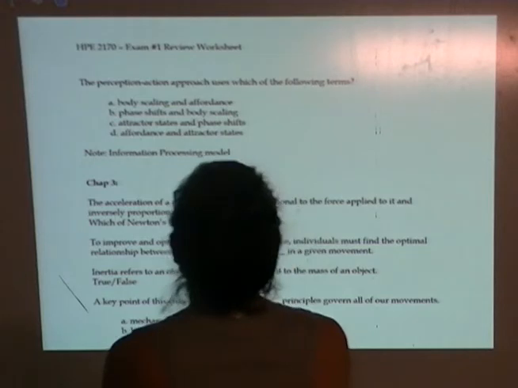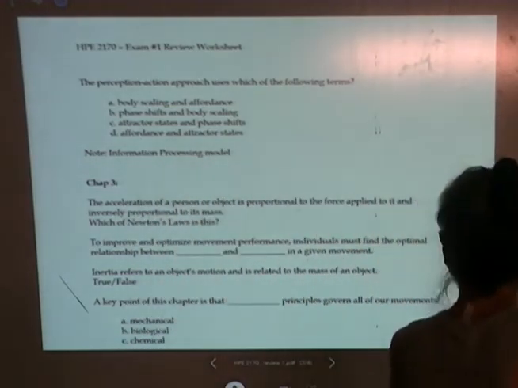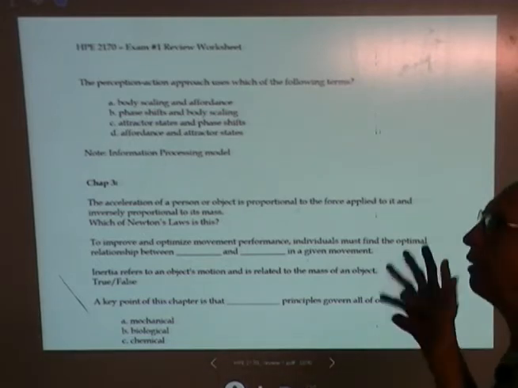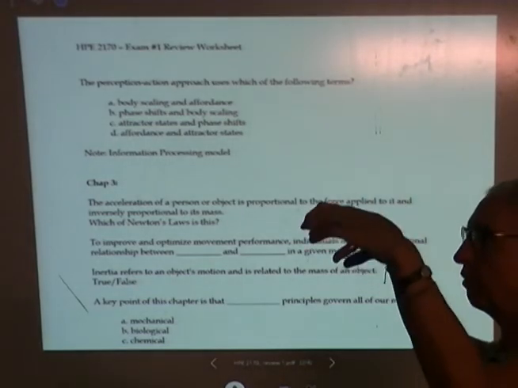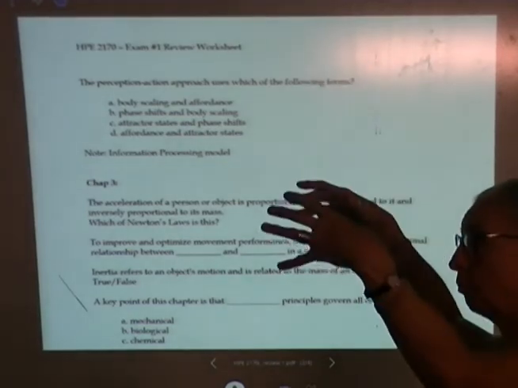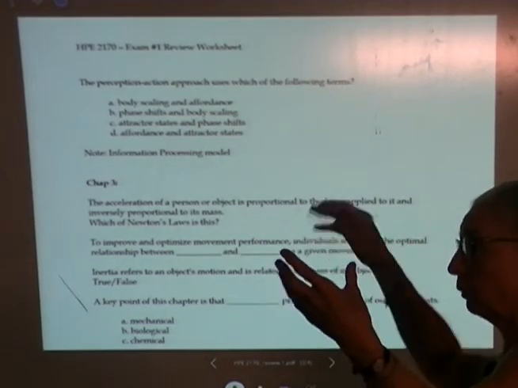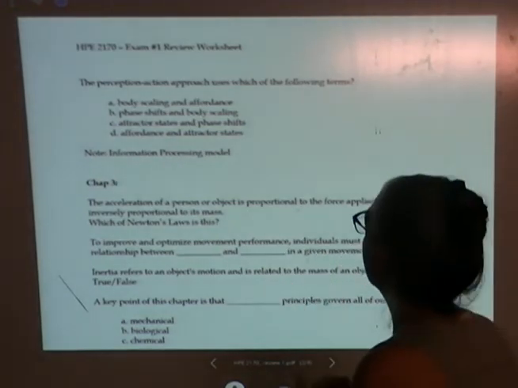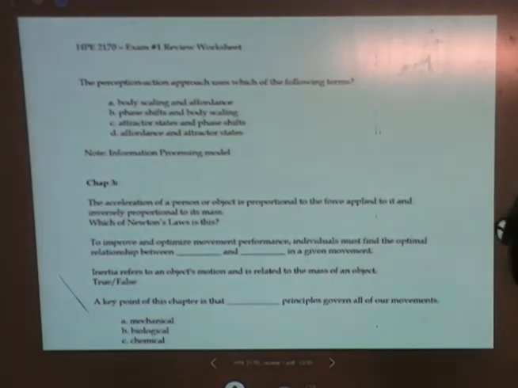Okay. All right. Question 3. The perception-action approach, which is one of the 2 subdivisions of the ecological umbrella. We've got dynamical systems and perception-action. Right? The perception-action approach uses which of the following terms?